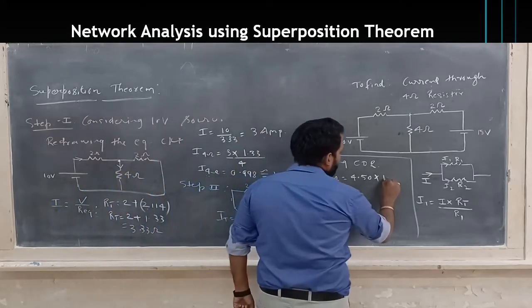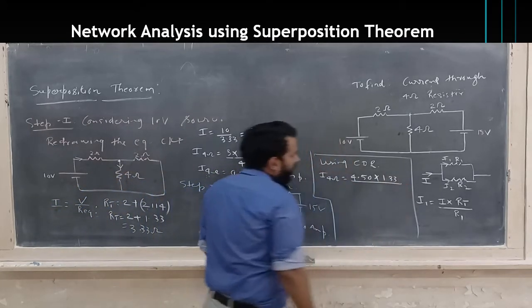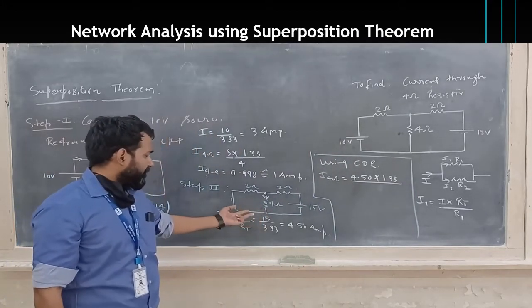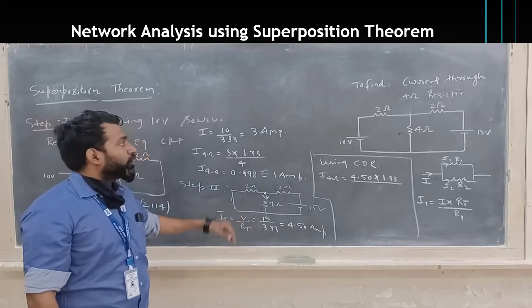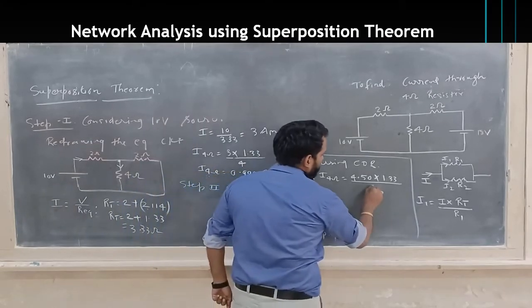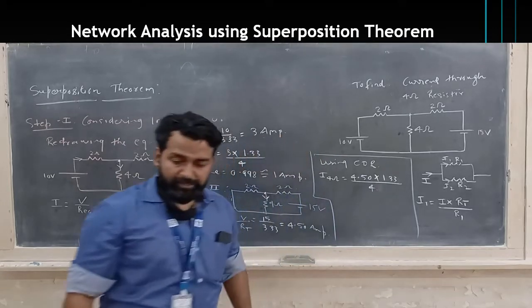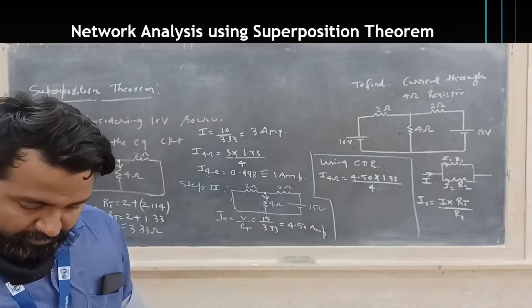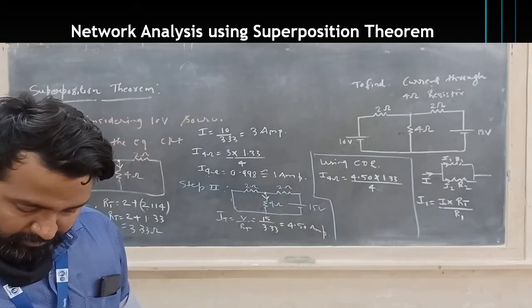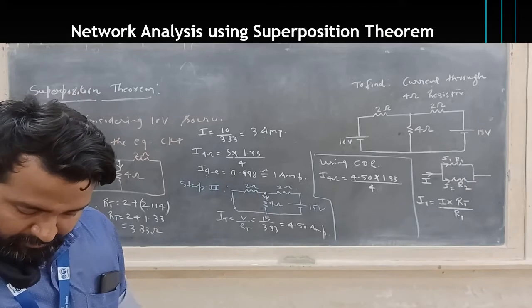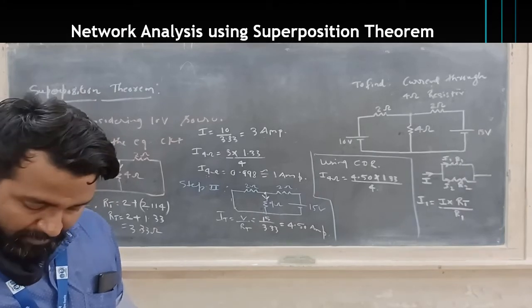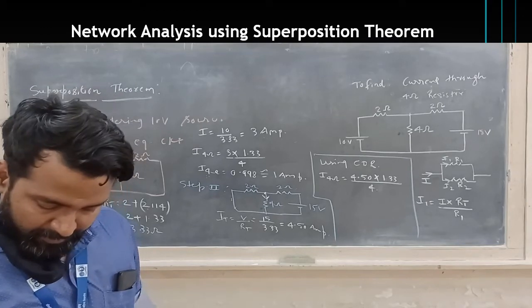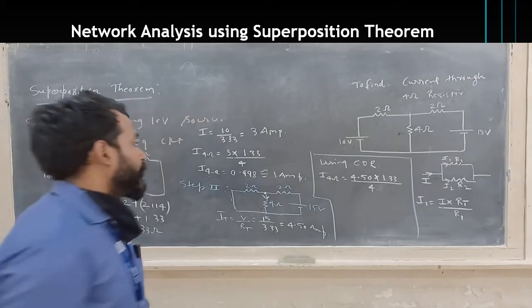So it is 1.33 upon the value of 4 ohm, so it will come as 4.50 multiplied by 1.33, which is 5.986, divided by 4, which is 1.49 ampere.